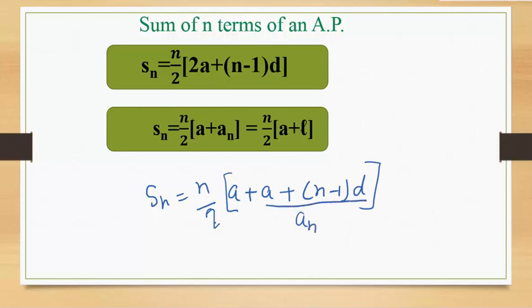So our next formula becomes Sn equals n by 2 into a plus nth term. This is the second formula of Sn. We will use this formula when we know the number of terms, the first term and the last term. The nth term is also known as the last term, so this is also written as n by 2 into a plus l, where l is the last term.